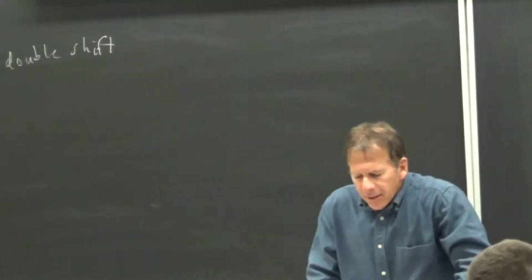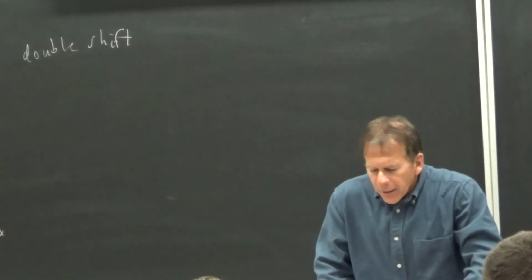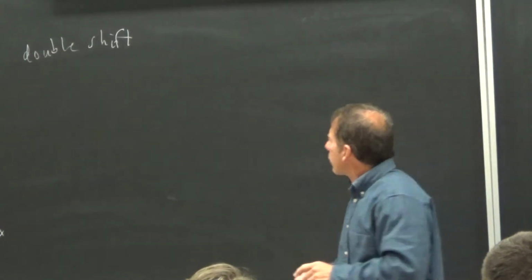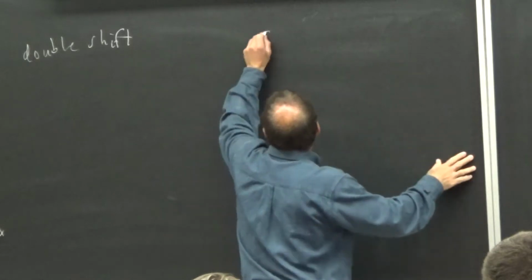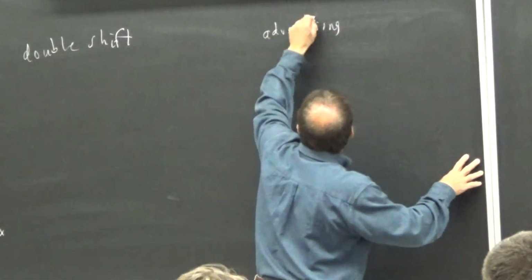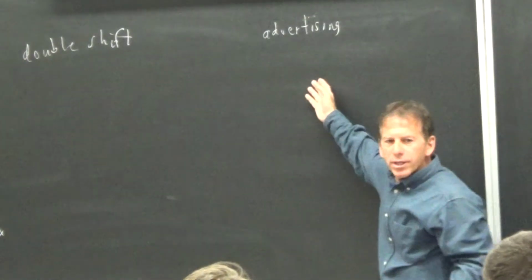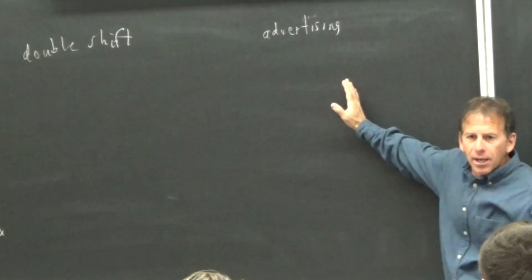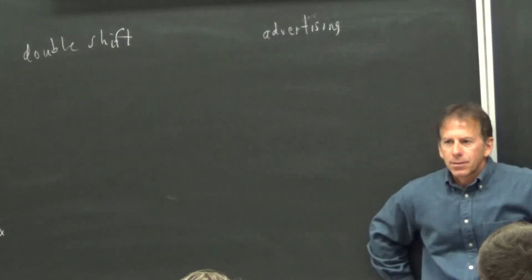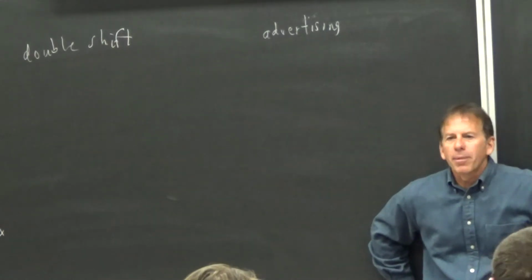So just to give you an example, let's look at something like advertising. Advertising would be an example of a double shift. And what happens with advertising, real simply, is what's the point of advertising? To do what? Get more people to buy your product.